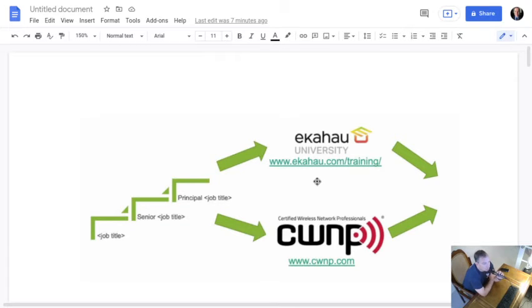Ekahau develops software and hardware also to some extent in order to perform wireless design documents. They're known as wireless predictives.